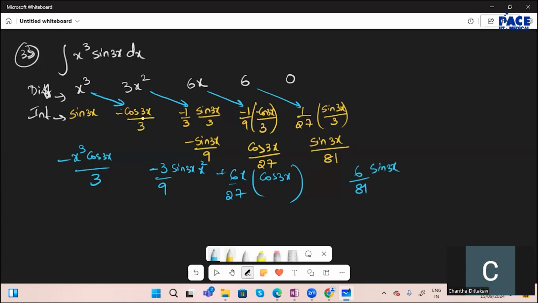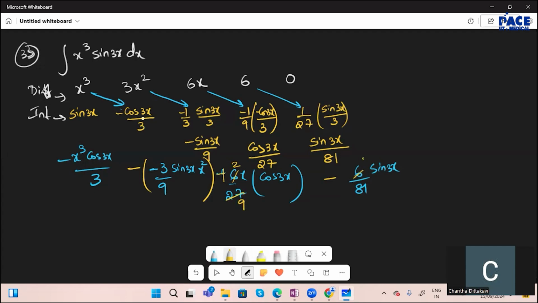And what about the signs I said? First one is positive anyhow. For the next one, you take a negative. The next one is anyhow positive. For the next one, you take a negative, right? So finally, you cancel the terms and write it carefully. So this you will have 2 and 9 here.